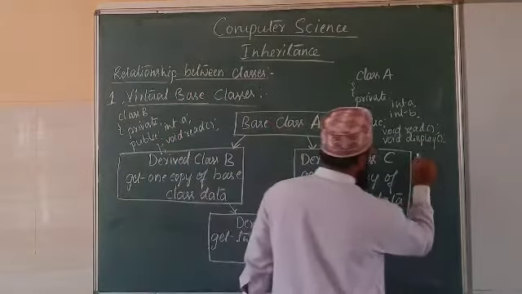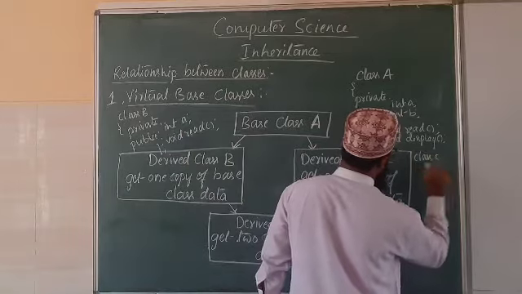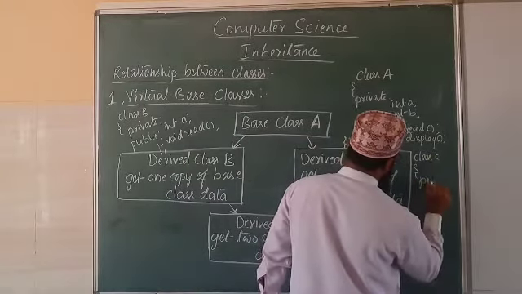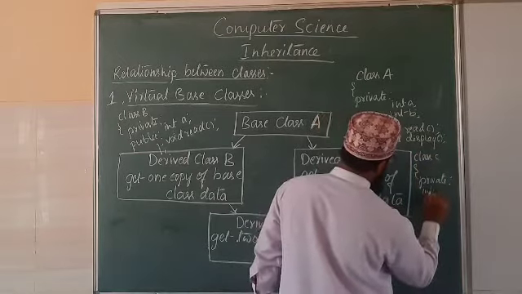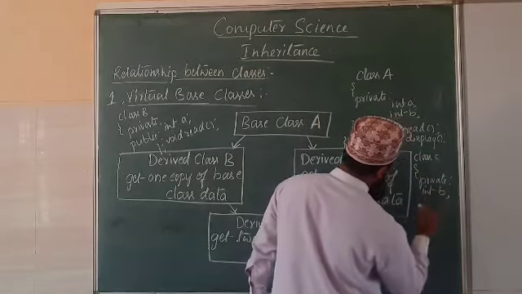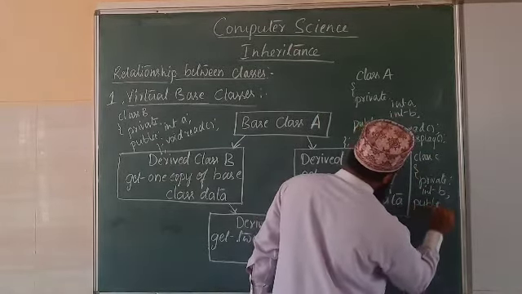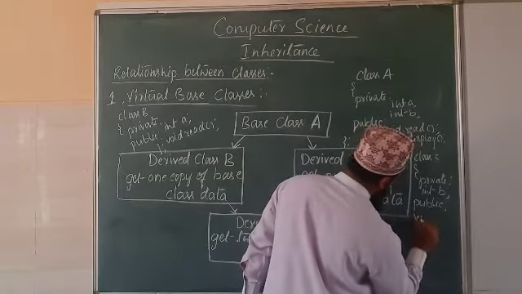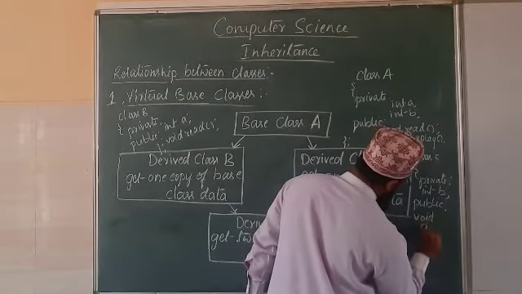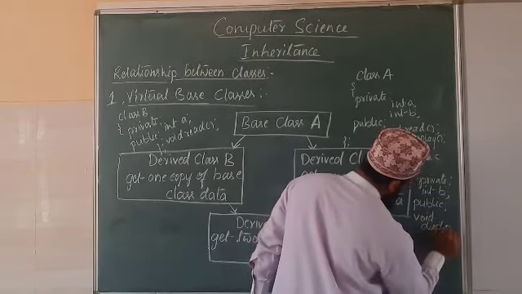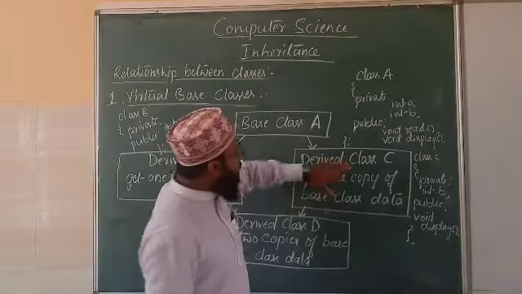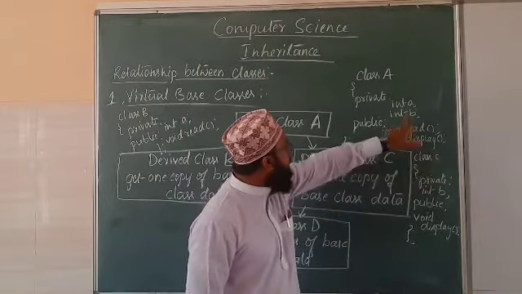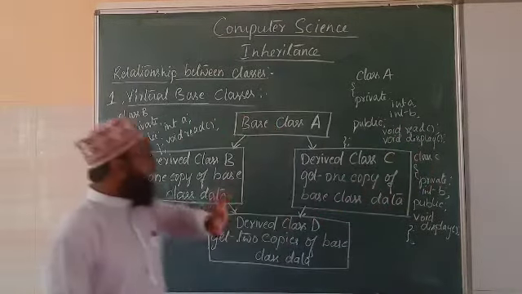Then derived class C. What will it do? Take here class C. Under private, it will take the left one, that is int B. Then under public, it will take void display. 1 copy of base class data, that is int B and void display.